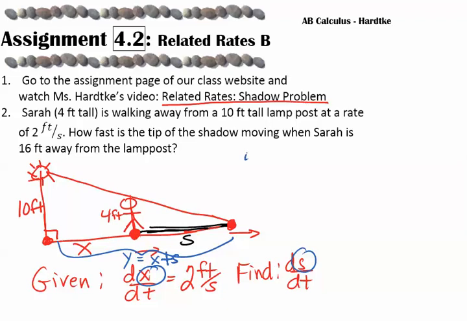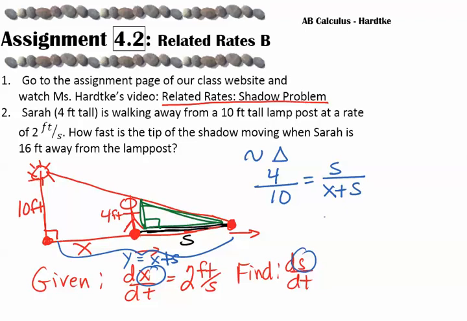And what I see in this problem is similar triangles. Let's make sure everybody sees that. This green triangle is similar to the large red triangle. So by similar triangles, I would say that 4 in the green triangle corresponds to 10 in the red triangle, as s in the green triangle corresponds to x plus s.